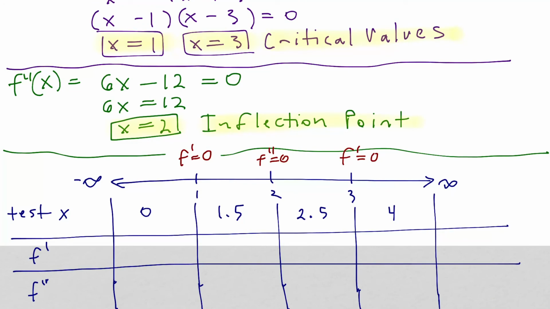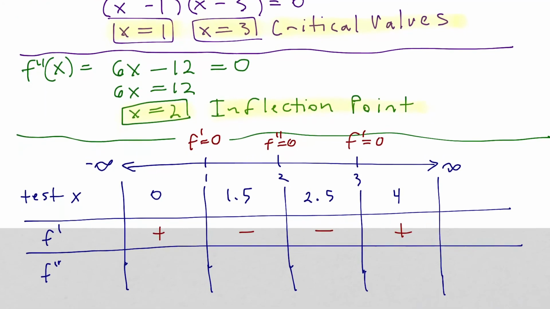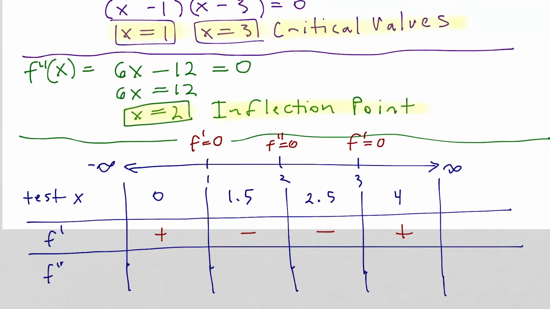So this video doesn't get too long, I'm going to tell you what I got. I got plus, minus, minus, and plus, and that was just simply substituting my test values into the first derivative right here and getting a sign. The magnitude of the value I don't care about. I care about the sign, not the actual value.